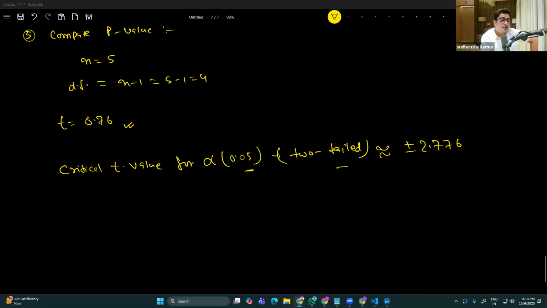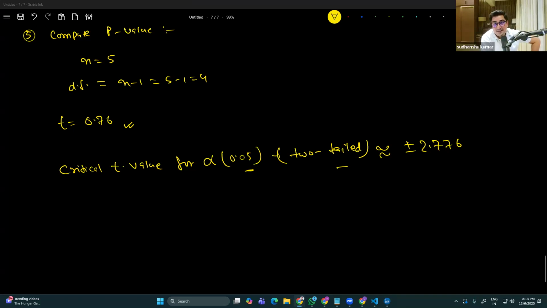P is greater than alpha. Okay, Sati is saying P is greater than alpha, making sense because 2.776 is greater than alpha.